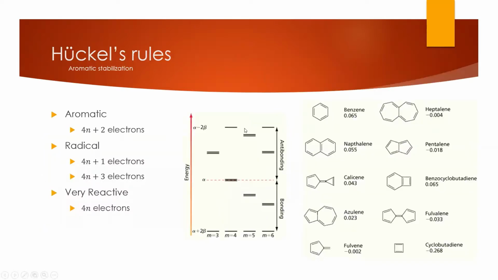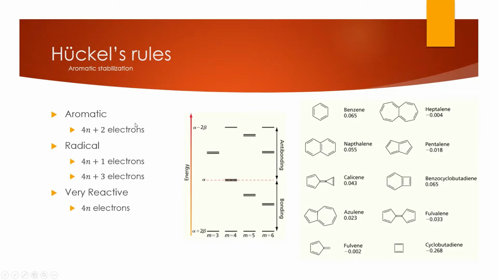We can also look at Huckel's rules, which will talk about what molecules are aromatic, would actually have what's called resonance stabilization. And these are essentially molecules that have 4n plus 2 electrons, where n is any integer.